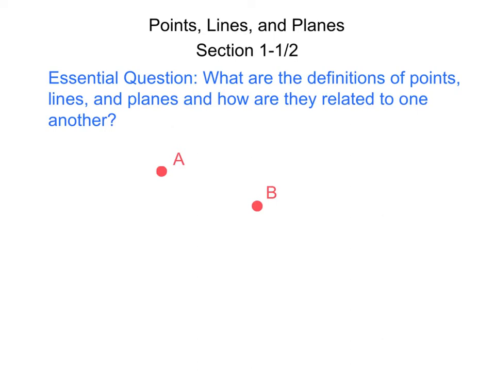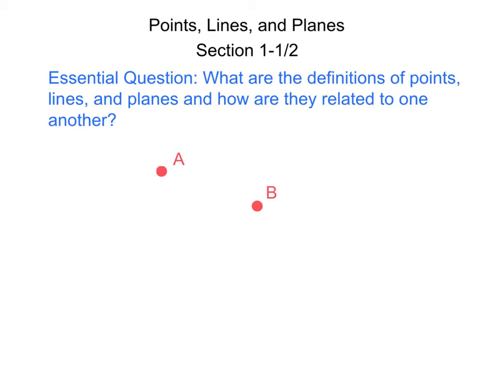The red dots do have size, but in reality, points have no size. But we have to be able to represent them, so we represent them by dots. There are actually an infinite number of points on the screen in front of you right now. I have only pointed out two of them. All geometric figures consist of points.